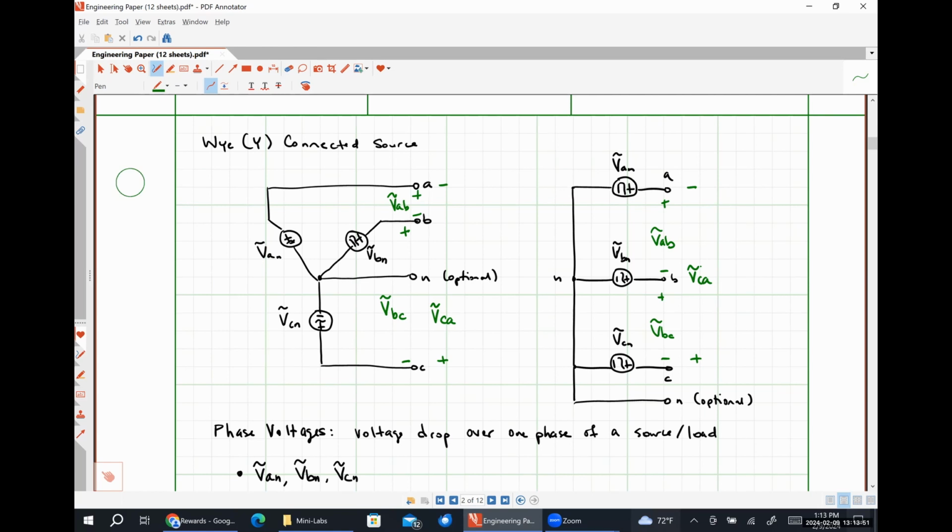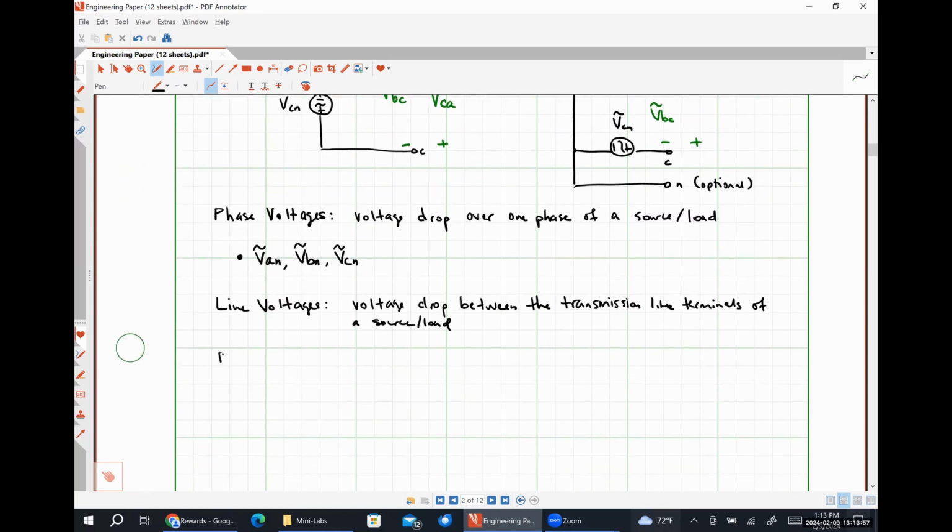Okay, so now let's talk about a phase current. A phase current is simply a current flowing through one phase of a source or load.